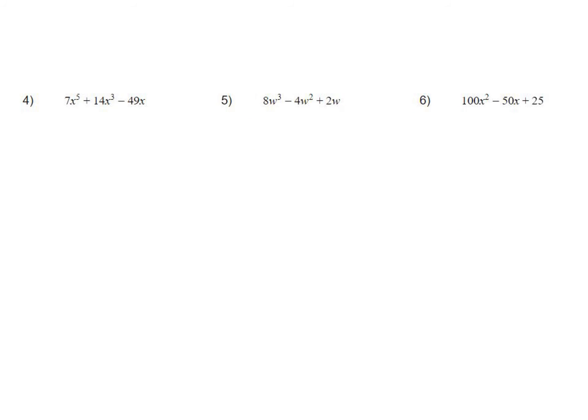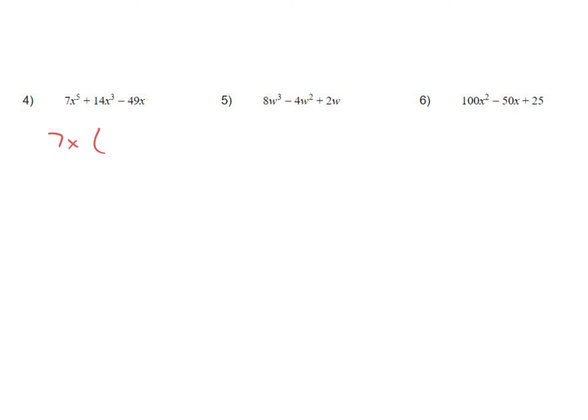Nothing's going to change about how we do them with 3. The only thing different now is looking at 7, 14, and 49, and we need to make sure we find a number that's divisible by all of them, which always start with your smallest number, 7. And it looks like 7 is divisible, 14 is divisible by 7, 49 you can divide by 7. And if we look at our x's, we're always looking for the smallest exponent.